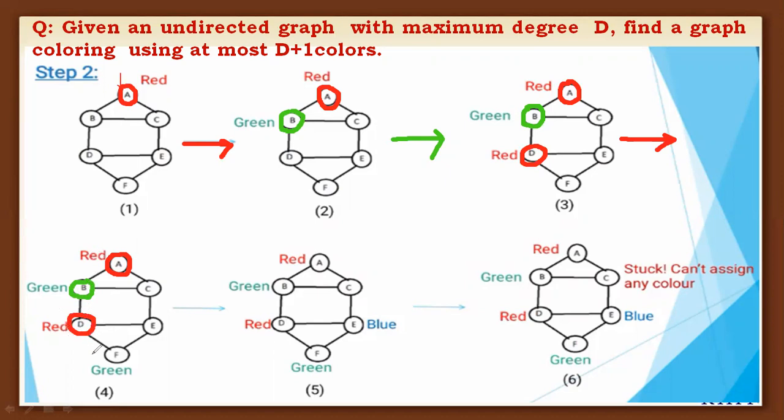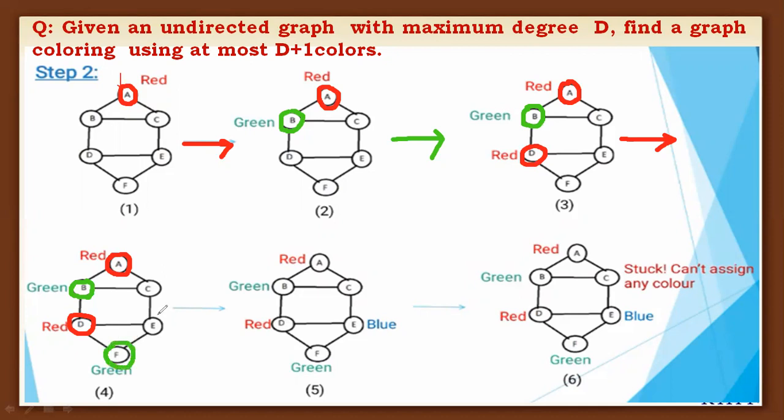Next, the possible ways of coloring F. I can color F with either green or blue. I can color the F vertex with either green or blue. Here I have filled the vertex F with green.